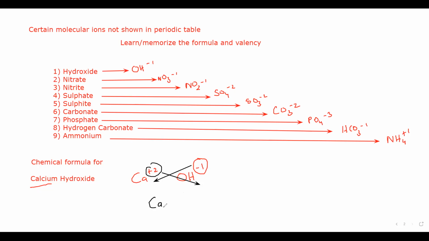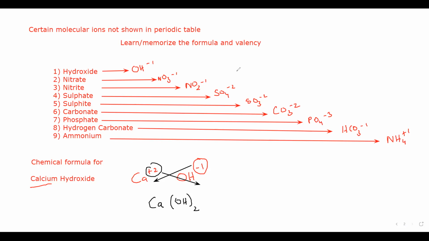We write Ca for calcium and then hydroxide, put in a bracket and then put 2. Why in a bracket 2? Because it means this 2 is with oxygen also and this 2 is with hydrogen as well. Is it clear? The chemical formula of calcium hydroxide? Is it clear? Yes, Abdullah.